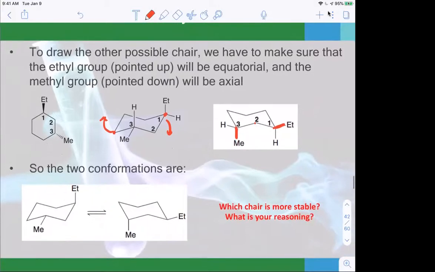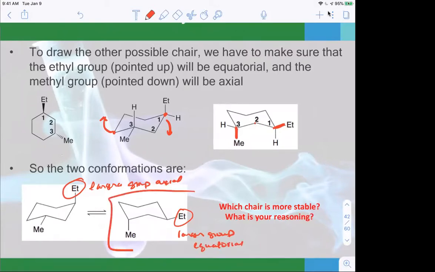So which one is more stable? Well, in both cases, one of the groups must be axial. But in this case, the larger group is axial. Here, the larger group is equatorial.